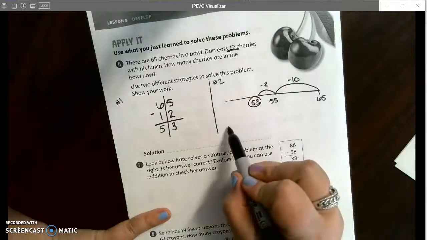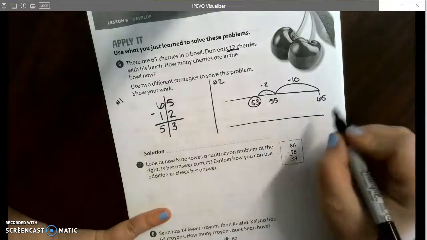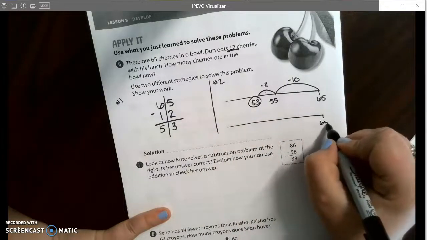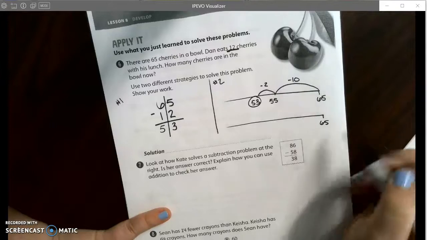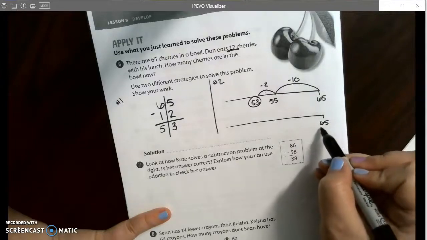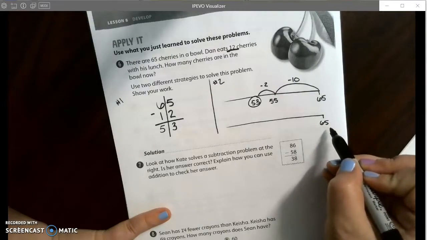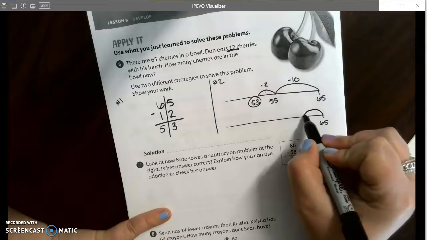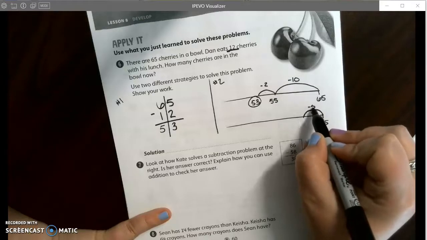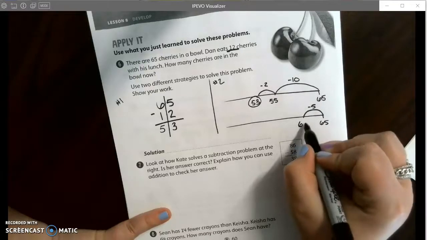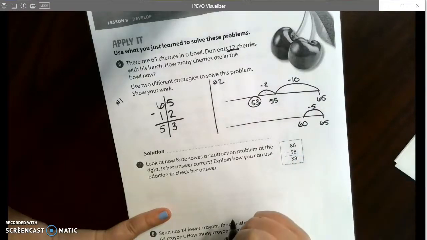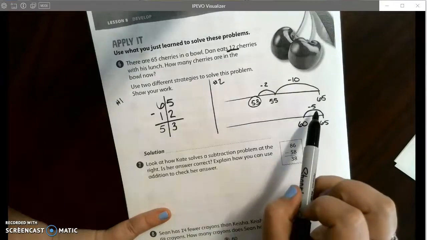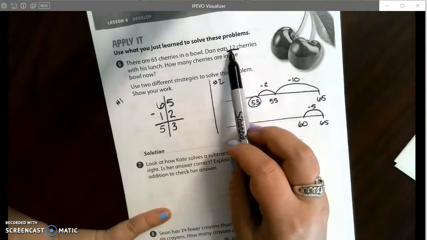I want to show you another way. I'm still starting at 65, but I always tell you that this number is easier when it's a 10. So let's say I went back 5 to get 65 to be a 60. That's fine, I can do that. So now I've already gone back 5.